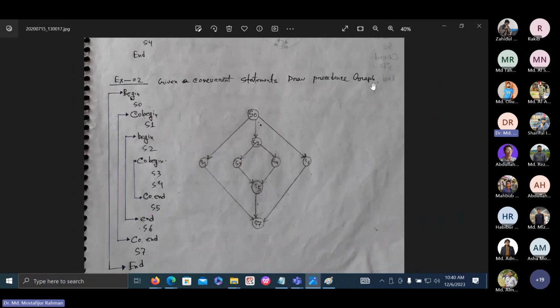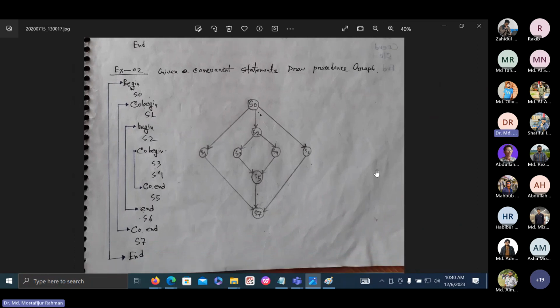How are we building our precedence graph? We will see. For example, from the begin and end, a chunk of statements is given here. Sir, I have a question. Yes, please. Why is it divided into many statements?